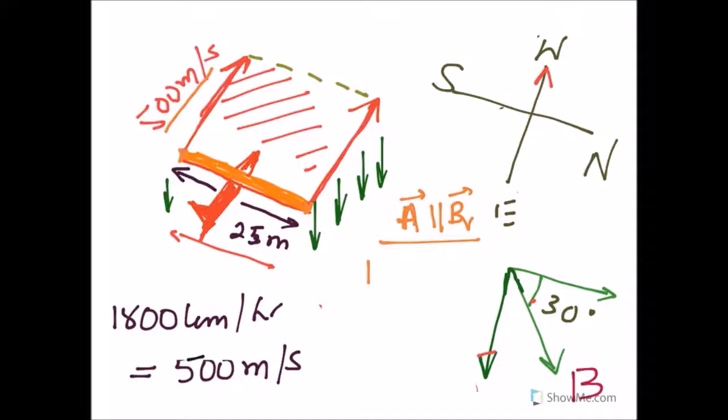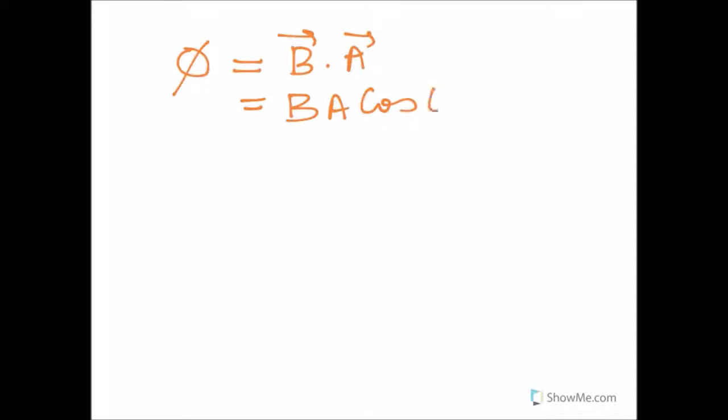Here, if you see, the area vector is perpendicular to the horizontal component of the magnetic field. Now, since flux is equal to B dot A, that is BA cos theta, theta being the angle between the magnetic field and the area vector.